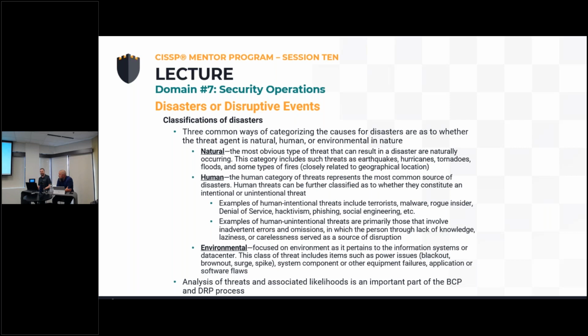And again, test tip, human is the biggest cause. Ransomware would fit in human, intentional. And that's a good example of a crossover between your incident response plan and your disaster recovery plan, because it'll probably start with an incident response. And then, oh crap, it hit critical servers, and now the DR gets activated.